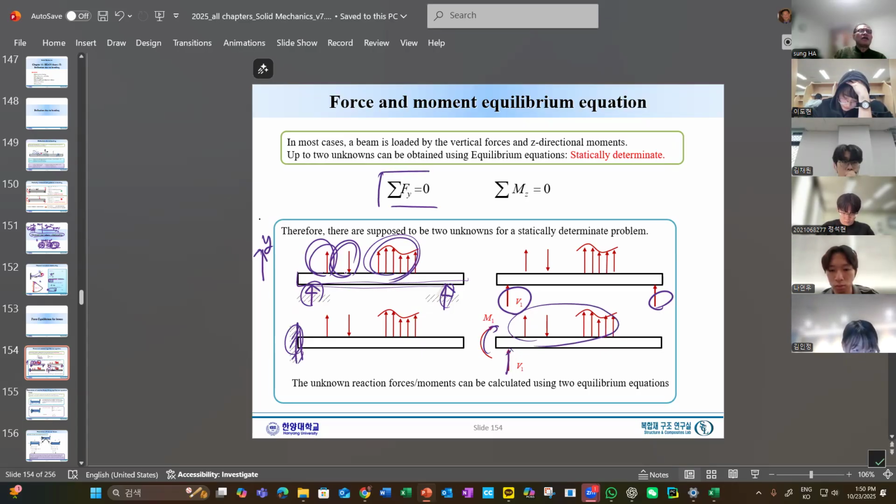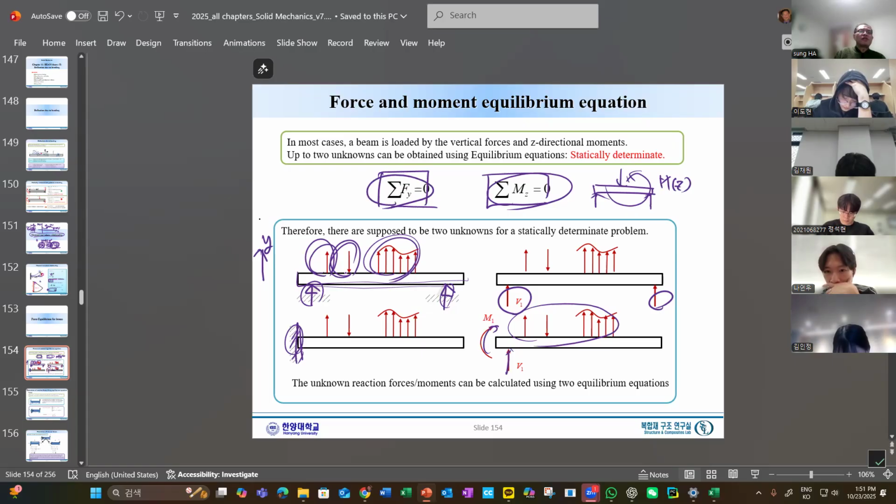So y-directional equilibrium and the moment equilibrium. Moment equilibrium means, say we have a certain load and certain load and certain load here, and this would not rotate. So z moment should be in equilibrium, and y-directional force equilibrium. This beam has to meet two force equilibrium equations.